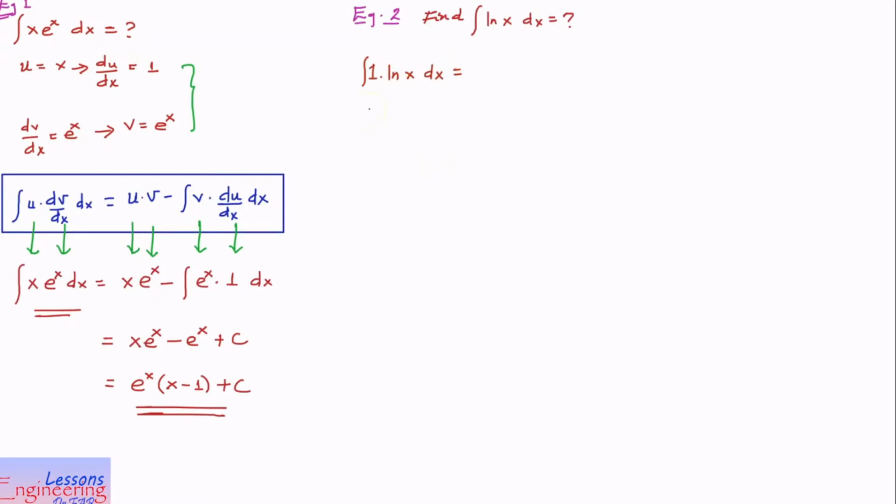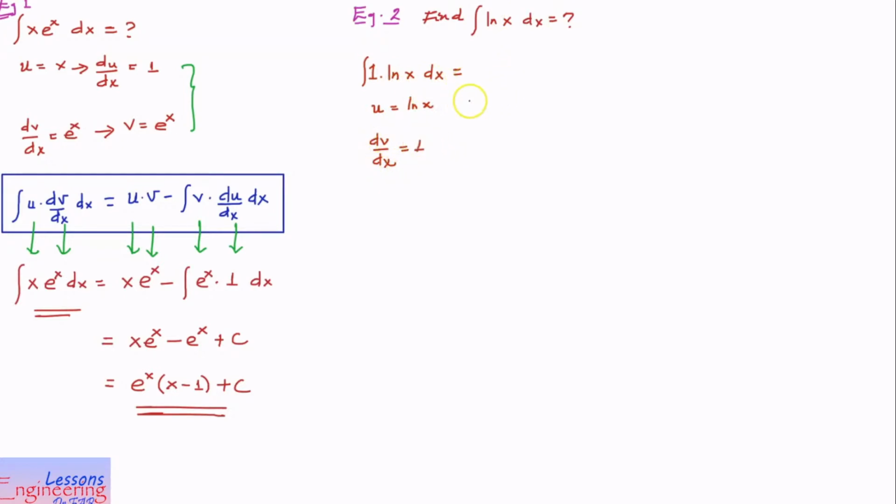The first thing to do is always to find u and dv by dx. Let u be ln x and dv by dx be 1.